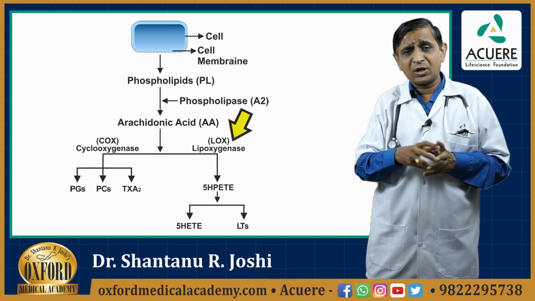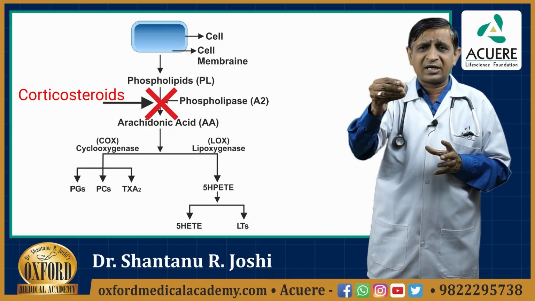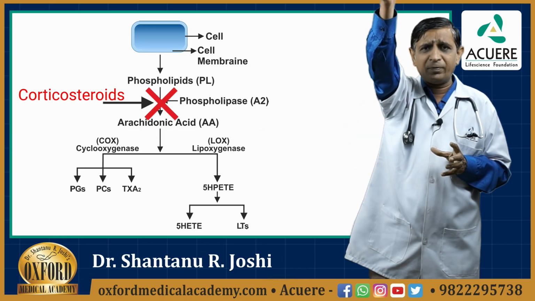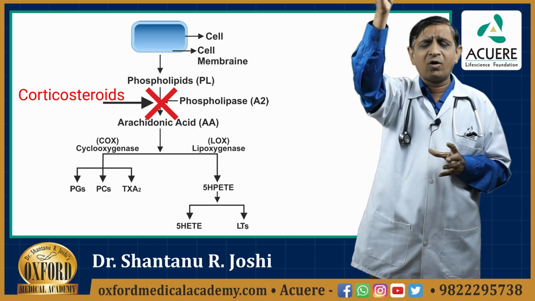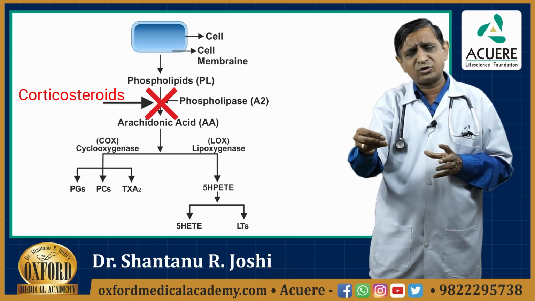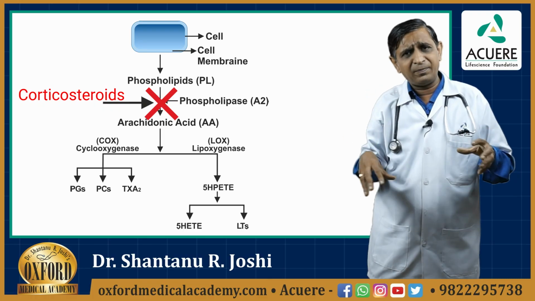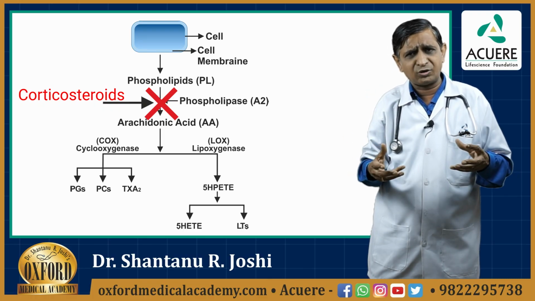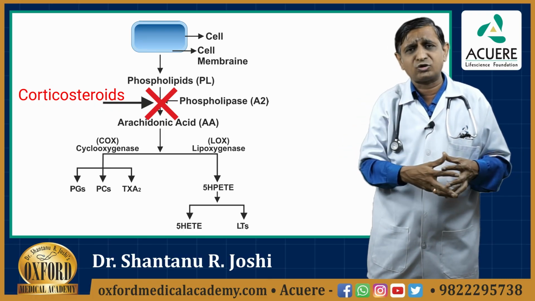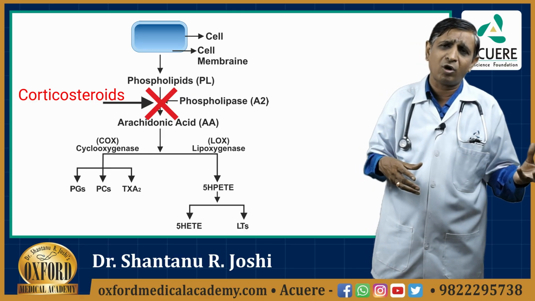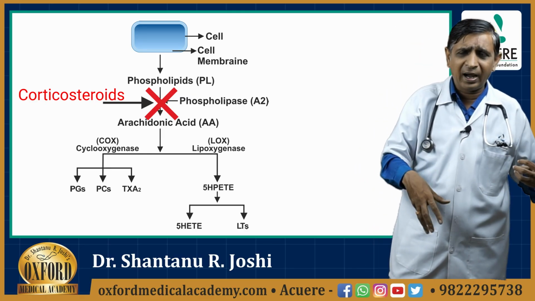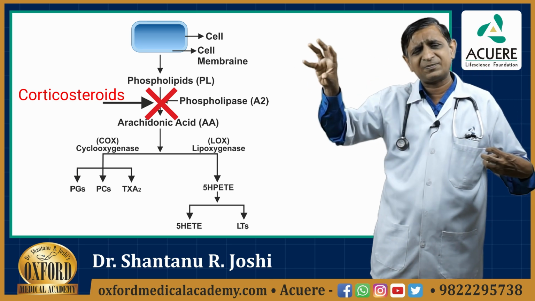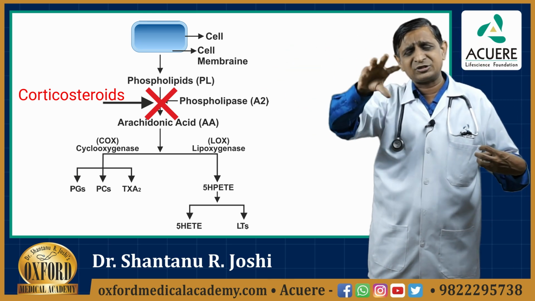Corticosteroids stop the conversion of phospholipids into arachidonic acid. When that conversion is blocked, there will be no production of arachidonic acid, and ultimately there is blocking of the cyclooxygenase pathway, that is general inflammation, and the lipooxygenase pathway, that is a specific inflammation like in asthma.